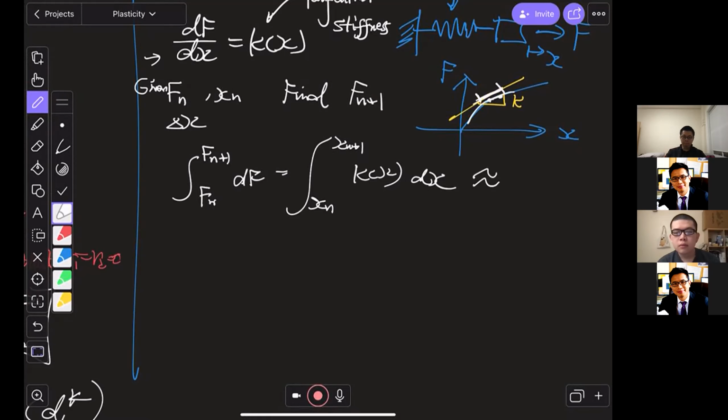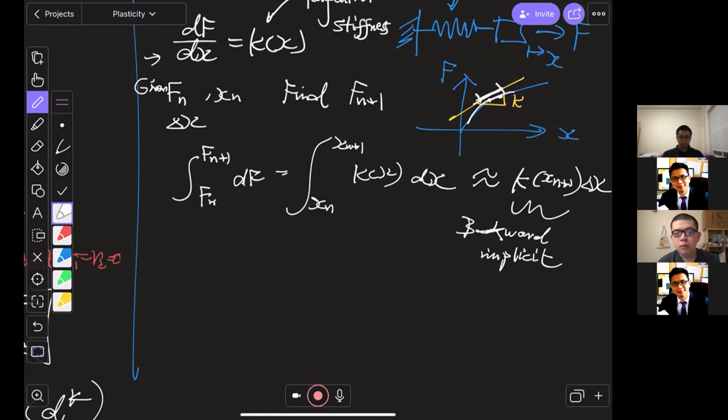If this portion becomes linear, then this part will become K at xn+1 times delta x if I'm using a backward Euler, a backward implicit method. If I use an explicit method, then K would be evaluated at xn, but it would be less stable, though you will get a linear problem.